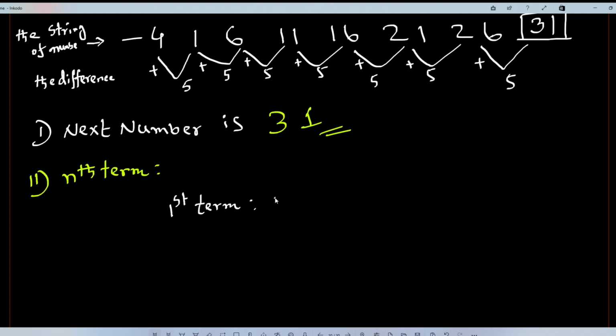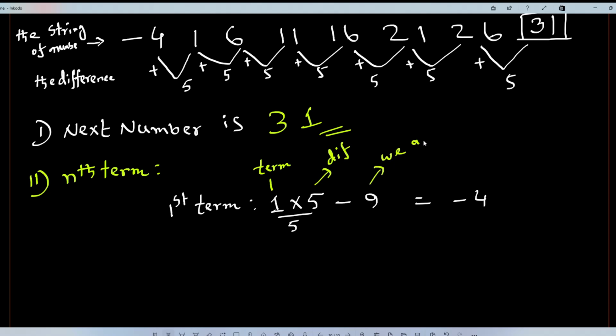It means the first term is 1, we multiply by 5, so 5 times 1 is 5. What do we add to 5 to get -4? If we add -9, we get -4. Look, this one is the term number, this one is the difference, and this one we add or subtract.